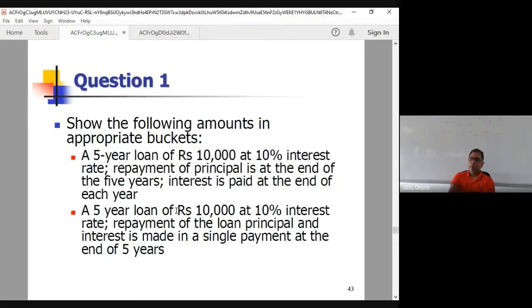First one, which bucket do you think it should be in? What do you think the cash flows will look like there?